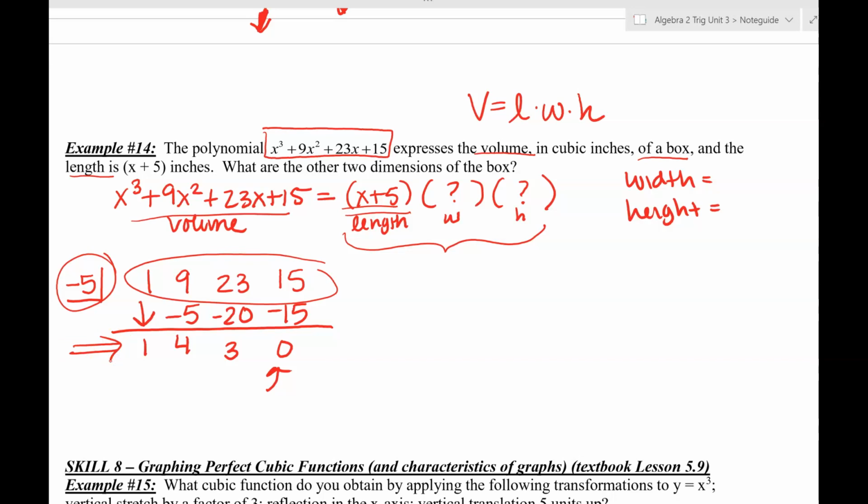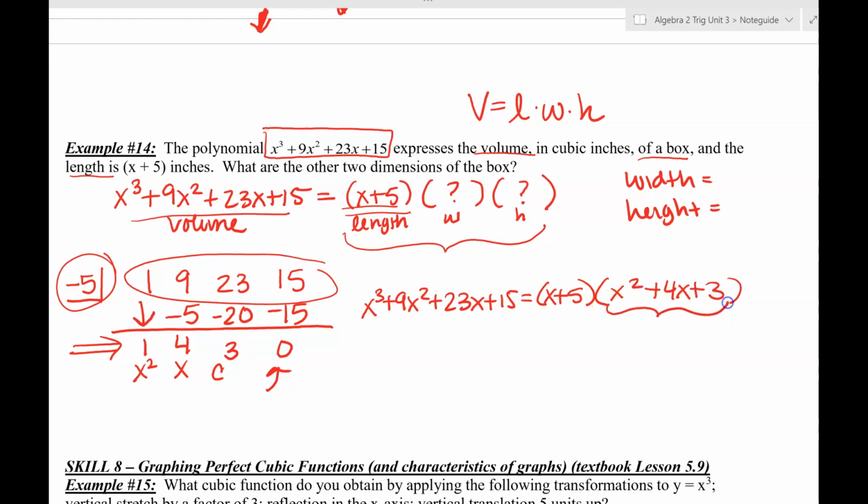That was a cubic divided by a linear function, so this should be a quadratic. So what I have now is that I know x cubed plus 9x squared plus 23x plus 15 is made from x plus 5 specifically multiplied by x squared plus 4x plus 3. But this is not the length, but the width and the height multiplied together.